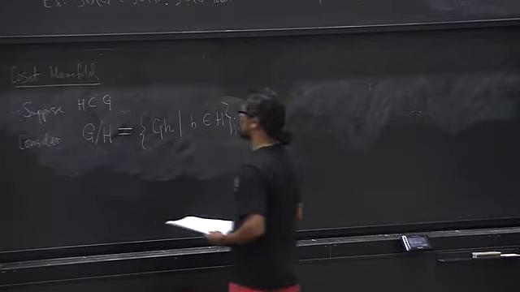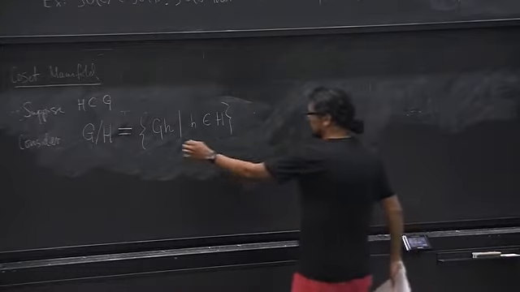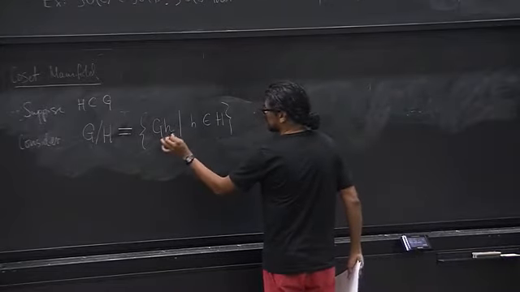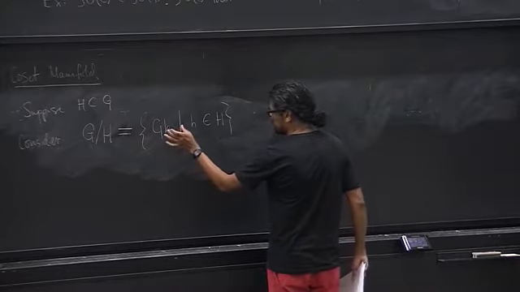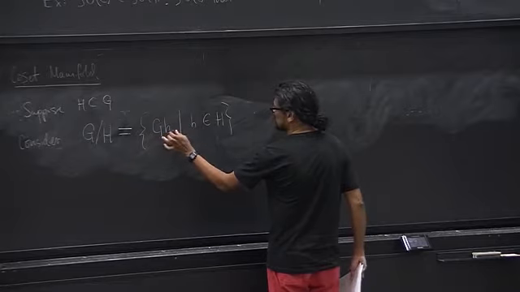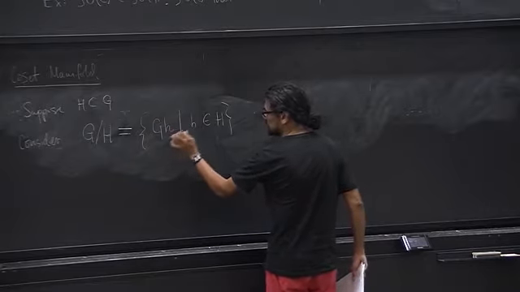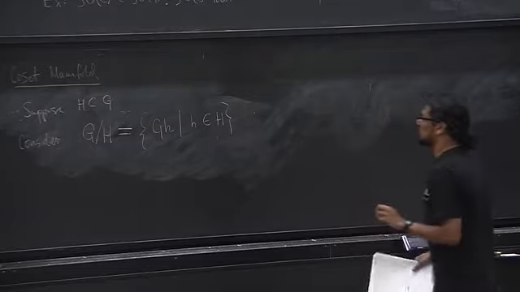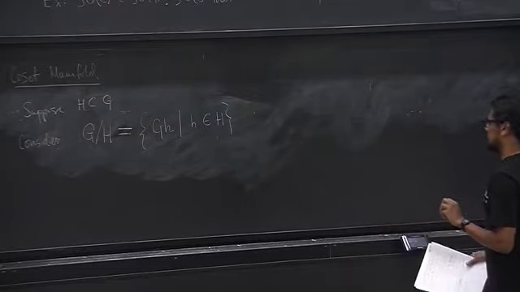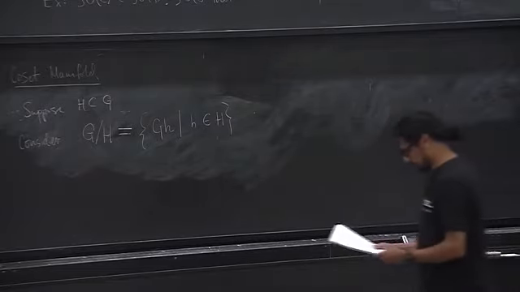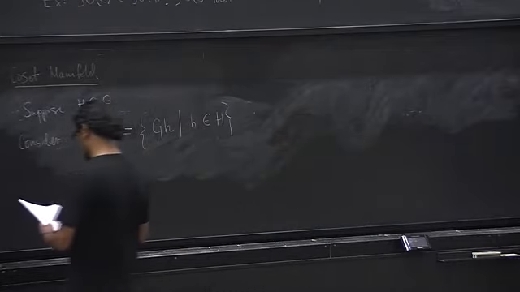So the elements are the different cosets. They are not group elements, the elements themselves are sets.